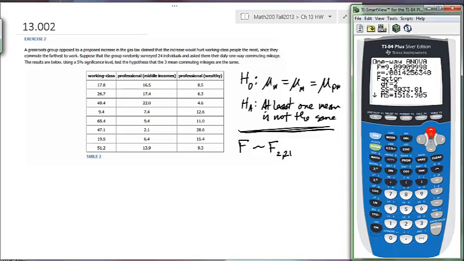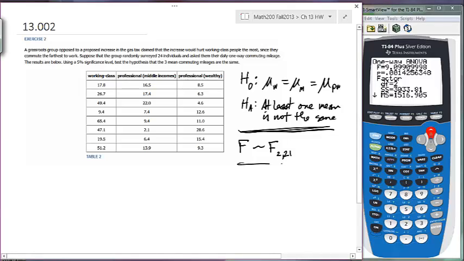Some important numbers to pull out of this. Your result here is your test statistic. The test statistic is 9.099, and our p-value, well, let's draw the graph associated with this.